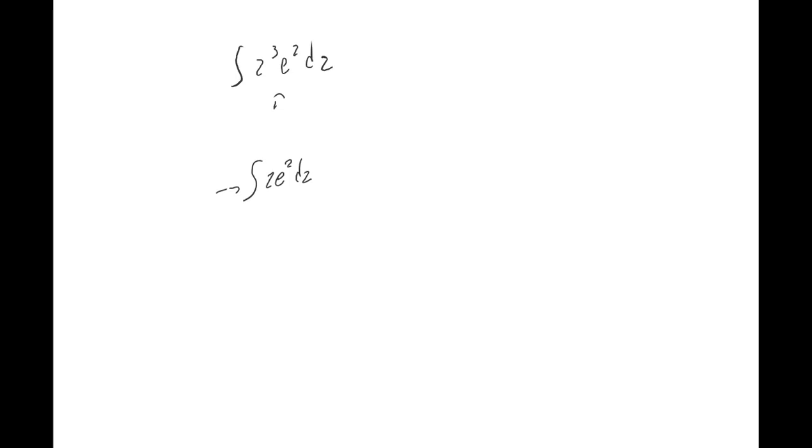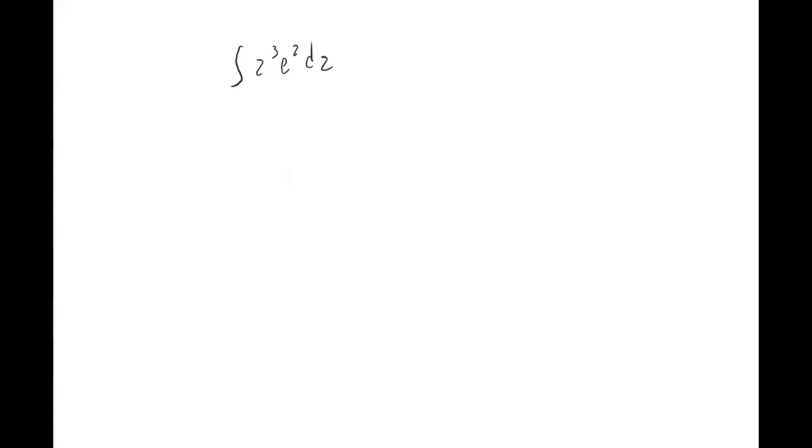It's the same answer for all my questions. You just do it by parts again, right? If you do it by parts and you derive z, well, guess what? You're just going to be left with something like the integral of e to the z. And this is easy, right? It's this. So that's the idea. You can see just by looking, if you think it through, it's integration by parts 3 times. You keep reducing the power of z cubed.